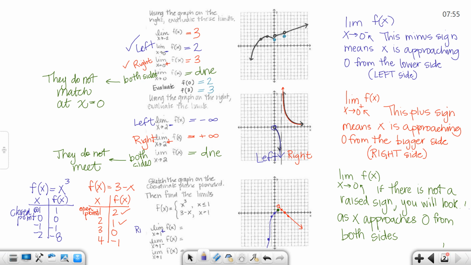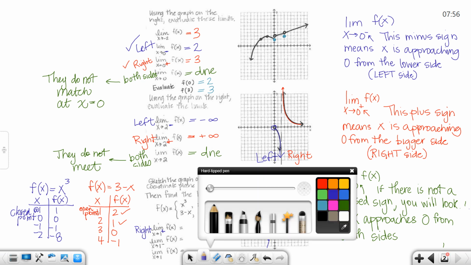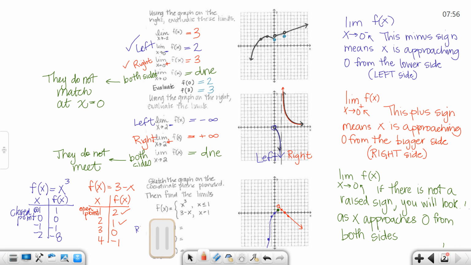The plus means I'm going to look at what happens on the right side of 1. So as I approach 1 from the right side, I'm going to 2.